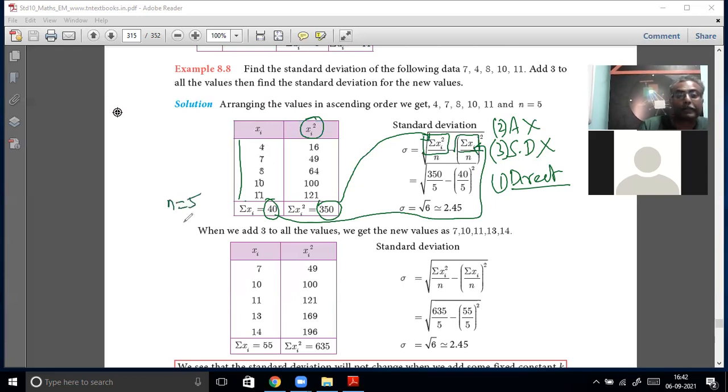Very simple. So sigma x of i is equal to 4 plus 7.